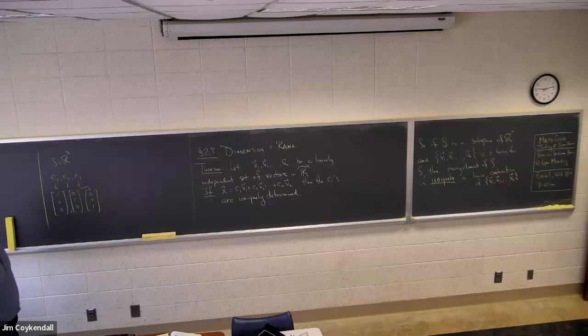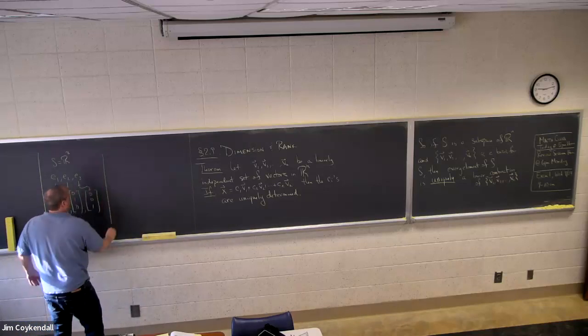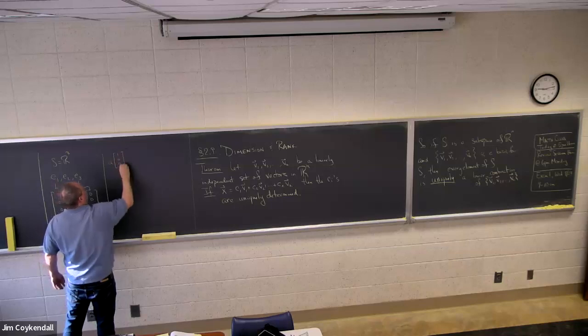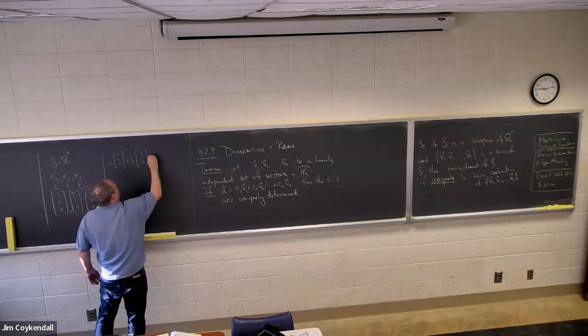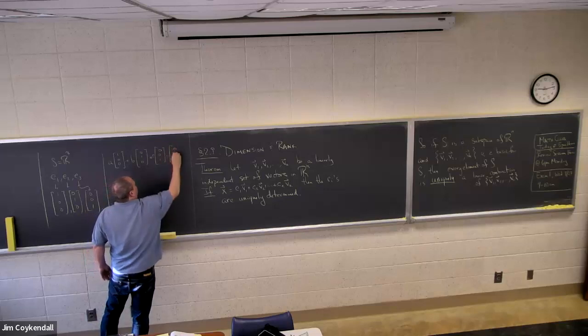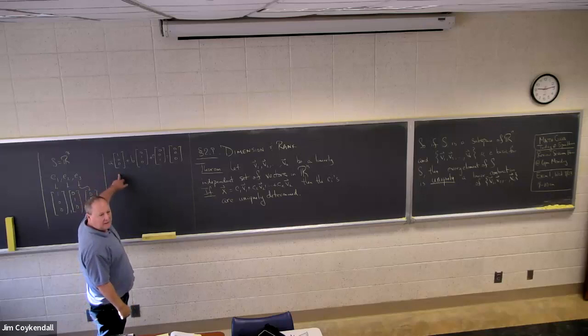You can check a couple ways that this is actually a linearly independent set. I'm going to do it sort of from the definition way. What does it mean to be linearly independent?